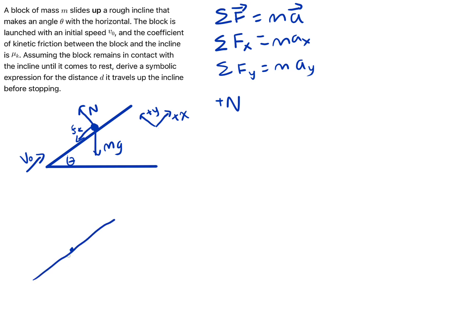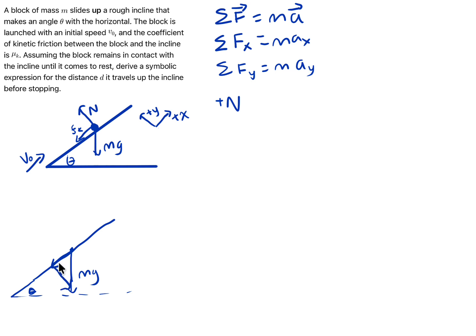I'm going to redraw this incline, and I'm going to draw just gravity for clarity. This is the angle theta. We can decompose gravity into components in the x direction parallel to the incline, and components in the y direction perpendicular to the incline.